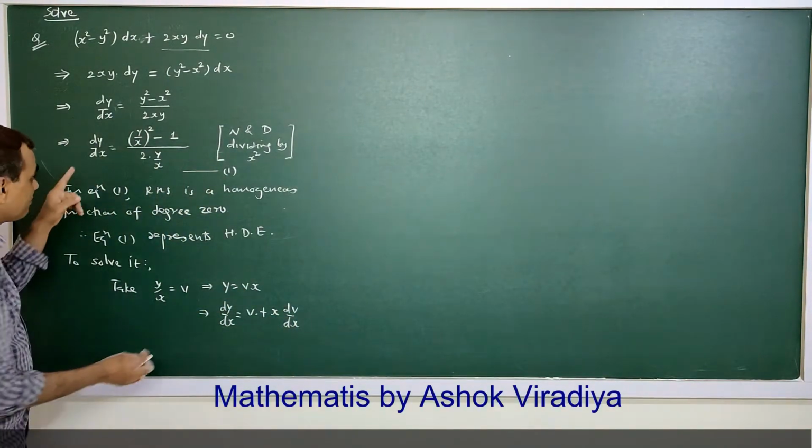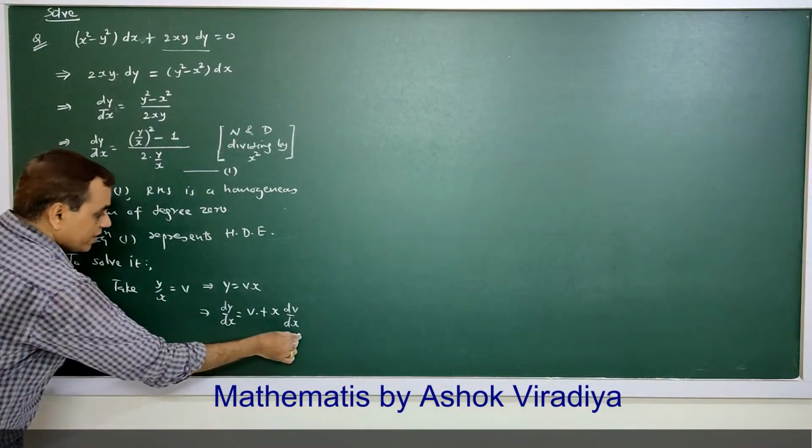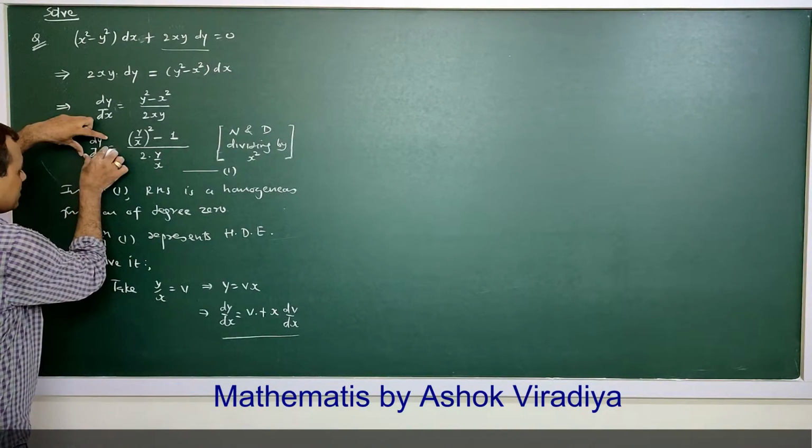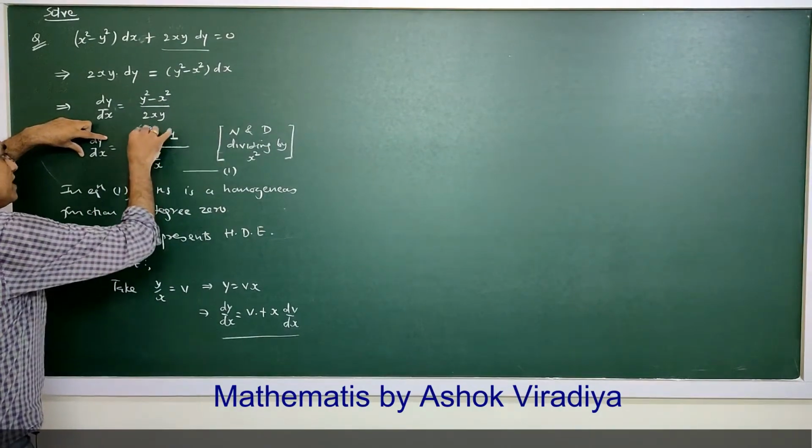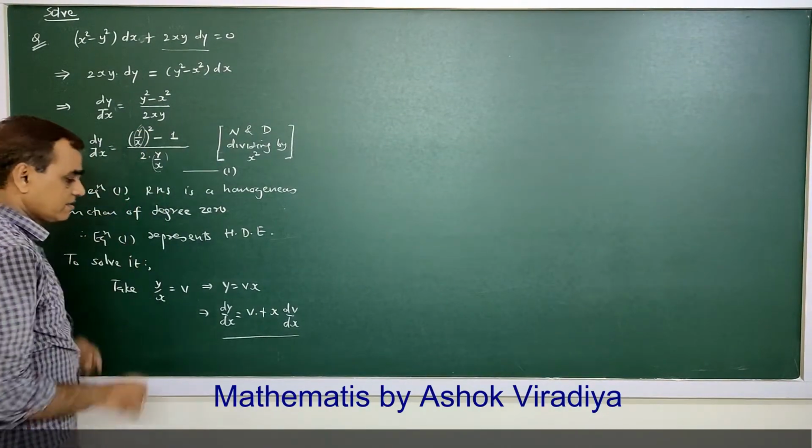Now this value of dy by dx we are taking, and y by x equal to v on the right hand side.